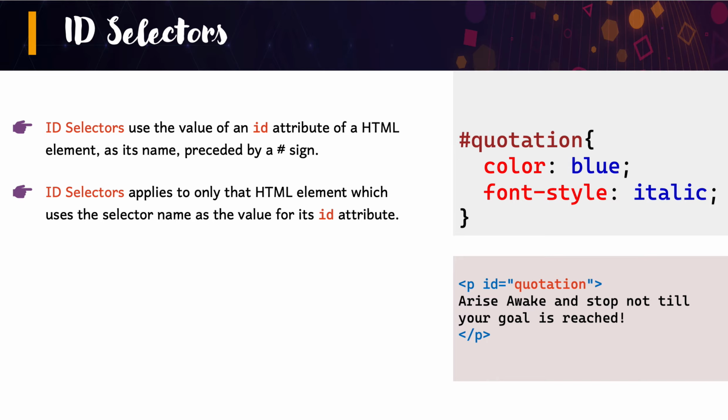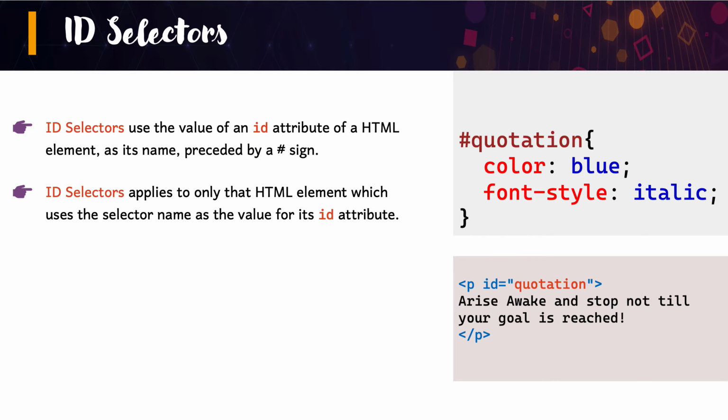The bottom right hand side shows a paragraph with an ID attribute whose value is quotation. The quotation is a famous one from Sri Vivekananda. But the value of the attribute ID is quotation, and in our style, this same value quotation is used as the name of the selector preceded by a pound sign.